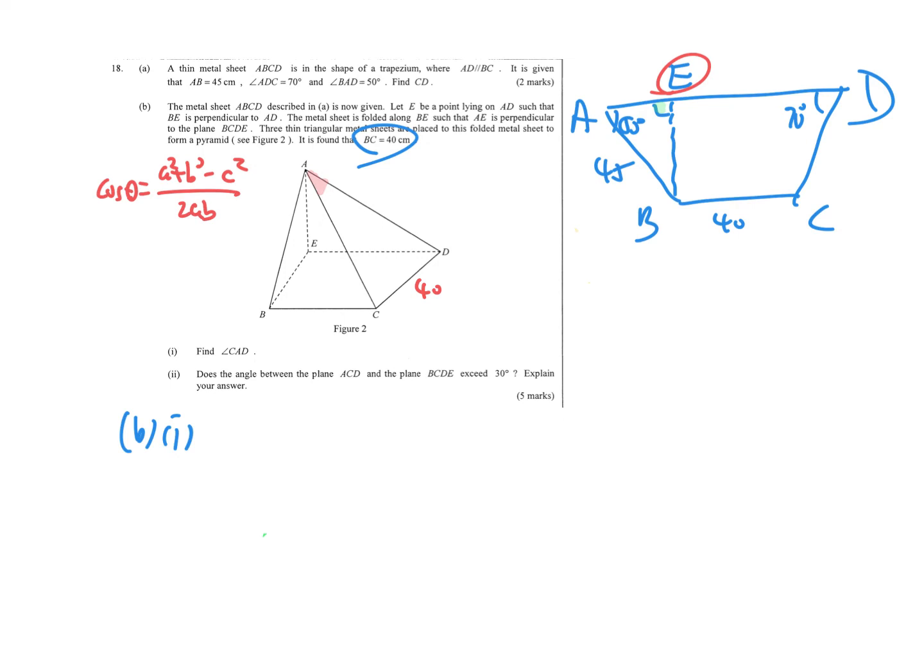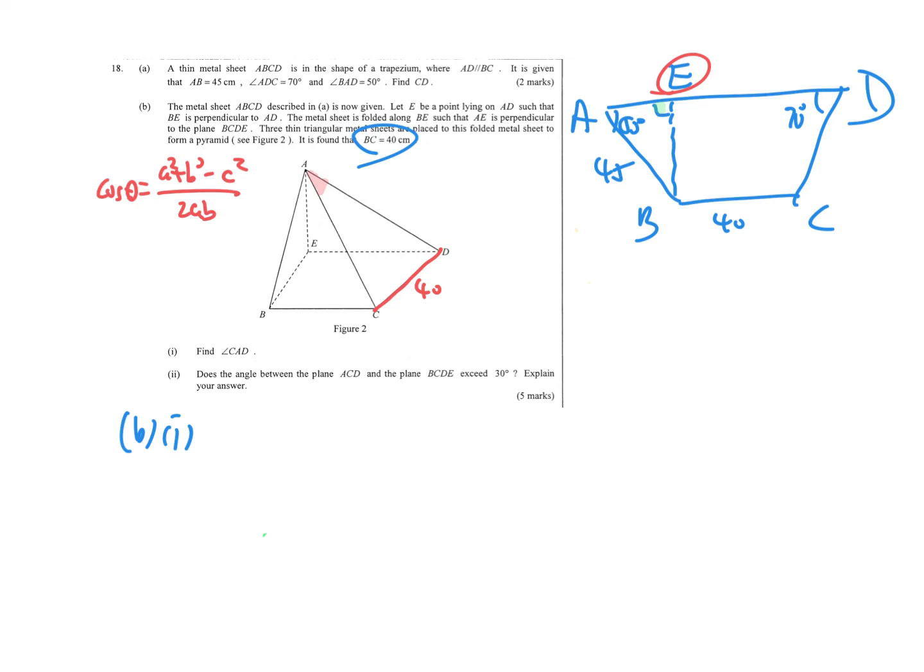Alright, cosine formula. So for the cosine formula for finding an angle, we need three sides. Okay, so one of them, CD, is provided. So we are going to find AC and AD respectively. Okay, so how can we find AC and AD? We need to know some more information first.